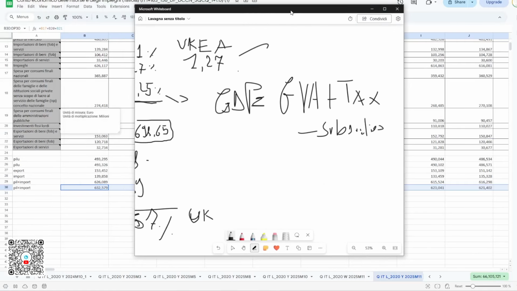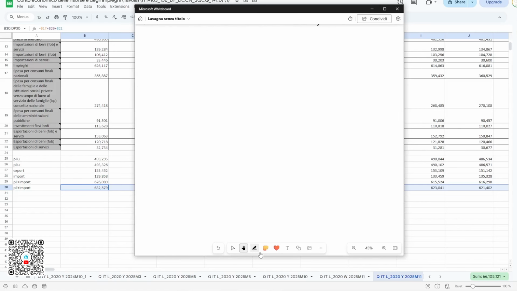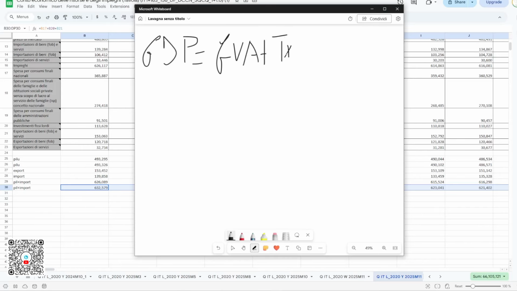Here we have the GDP growth, let's write down the two methods again. We have seen the UK growth for GVA, once more, plus tax on production minus subsidies.